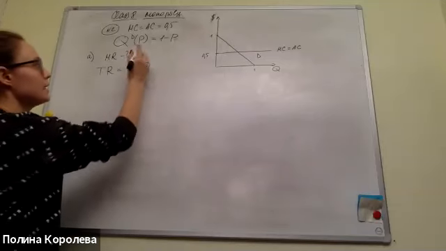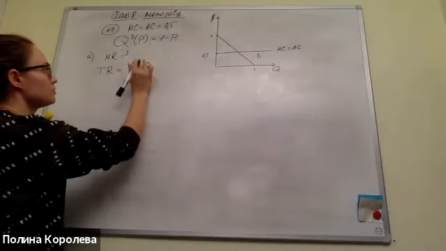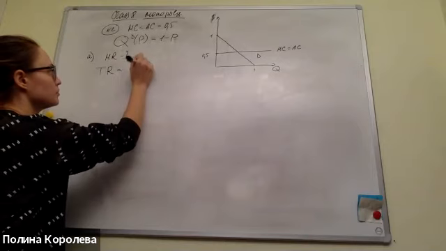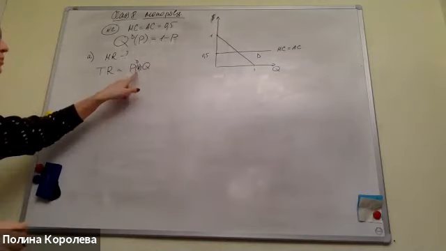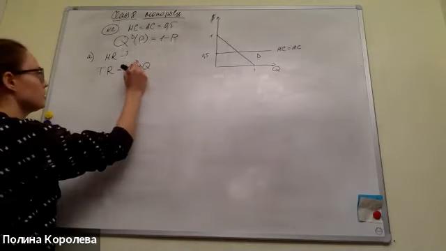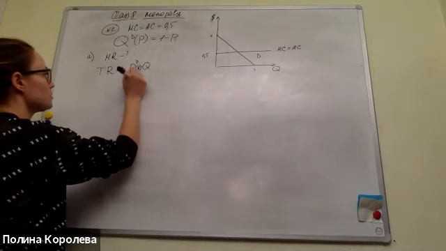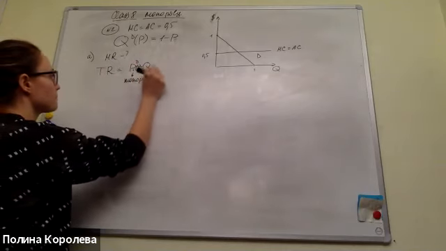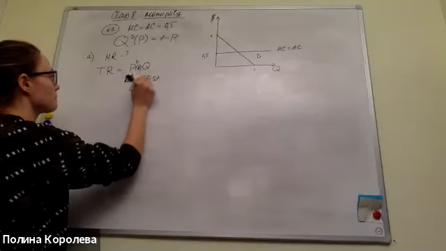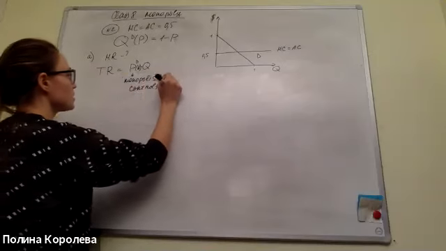So that's why here we will have not a constant price, but the inverse demand function. Why? Because the monopolist controls the demand.